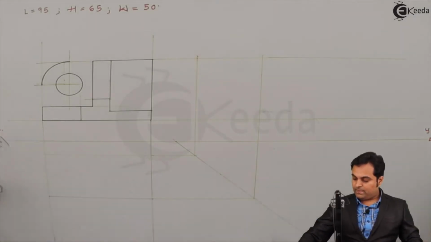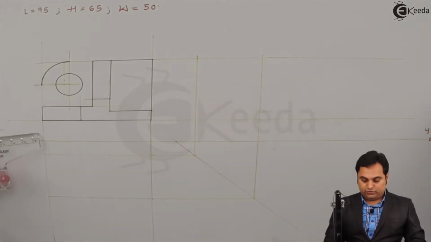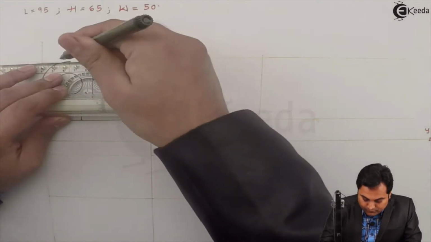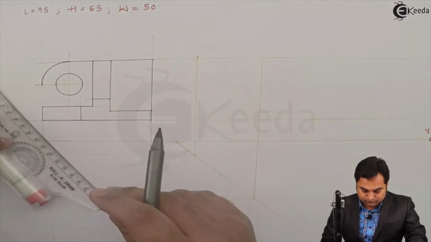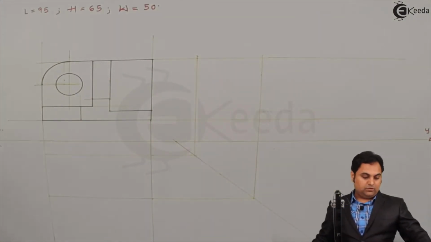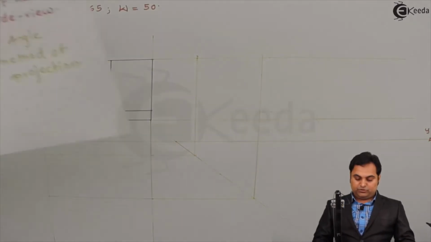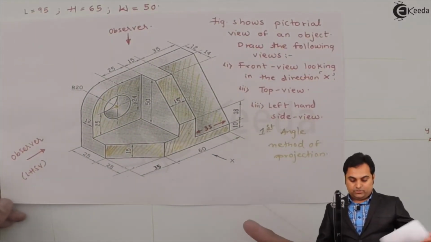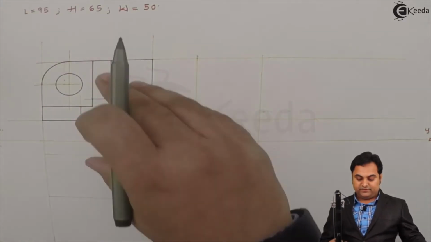Then I'll join this quarter circle here at the top and here. So here is the visible portion of the front view, and in this front view nothing is hidden, so we can keep it as it is. That is the front view of the object.